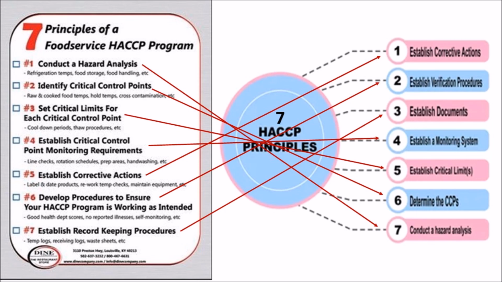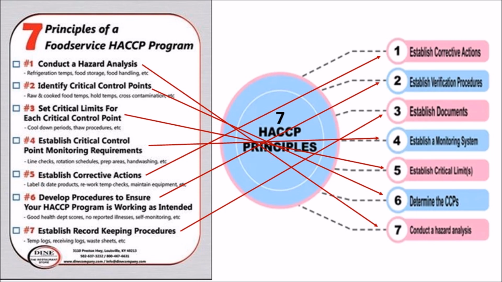You see, for example, number 3 here, establish critical limit. Set critical limit for each critical control point, but it's still the same. Cool down period, thaw procedures, etc. Conduct hazard analysis related to refrigeration time, chiller temperature, freezer, food storage, dry store, food handling, etc. Then they talk about conducting hazard analysis, so conduct hazard analysis is the same.